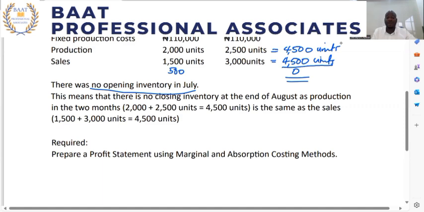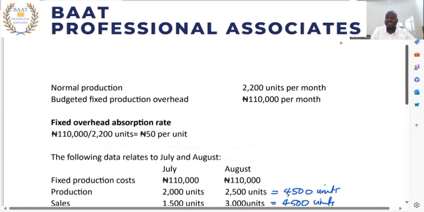So we'll use the marginal costing method now to prepare a profit statement.